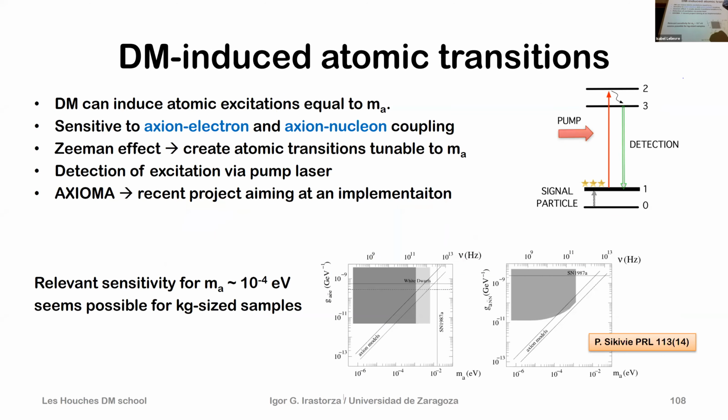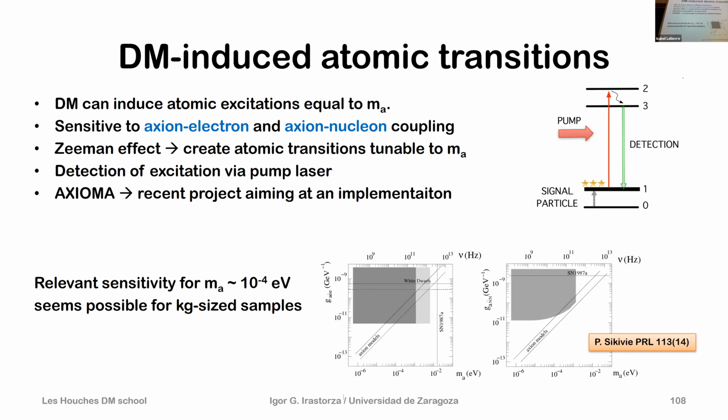There's also another idea that I'm not sure has many consequences in the laboratory, which is the possibility to see dark matter induced atomic transitions. The idea is to adjust with lasers the gap between atomic transitions to the axion energy, so you should expect the transitions produced by the dark matter.